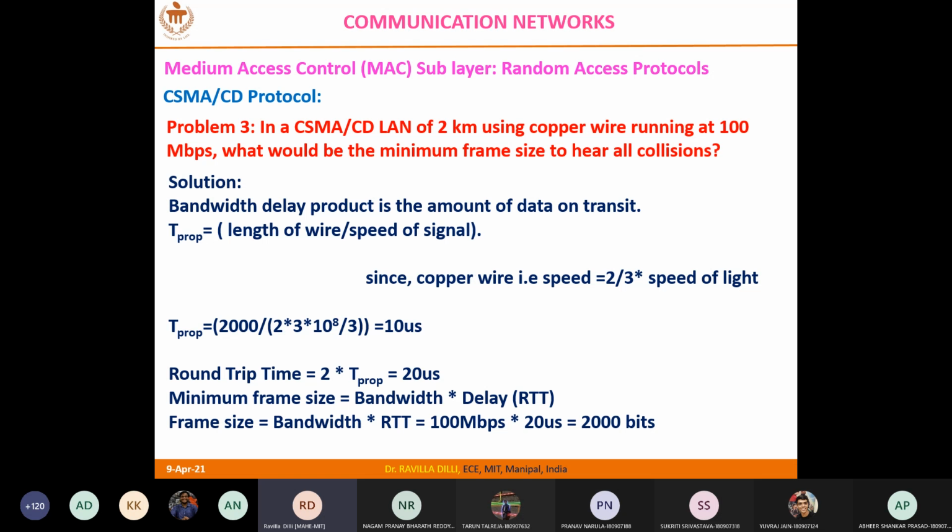Can you tell what is the signal speed in the copper wire? 2/3 of the speed of light. Exactly correct. It's 2/3 of the velocity of light, which is 2 into 10 power 8 meters per second. So distance is given and velocity is given, so you can get the time.